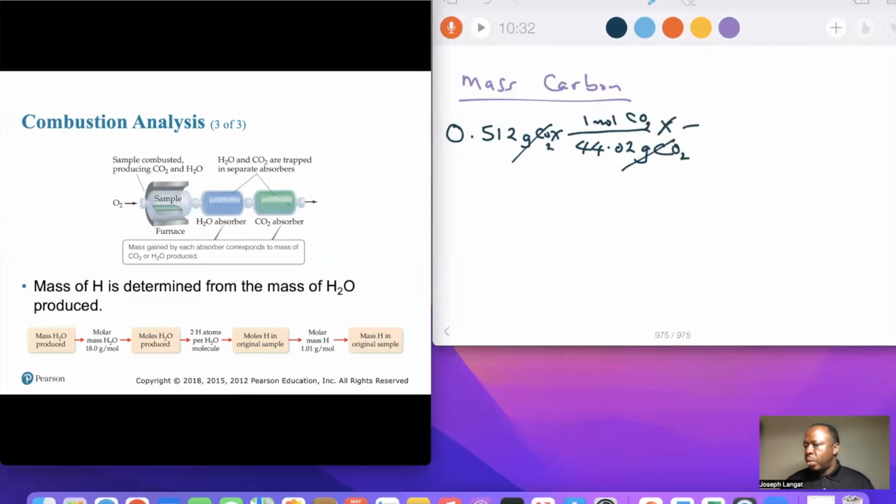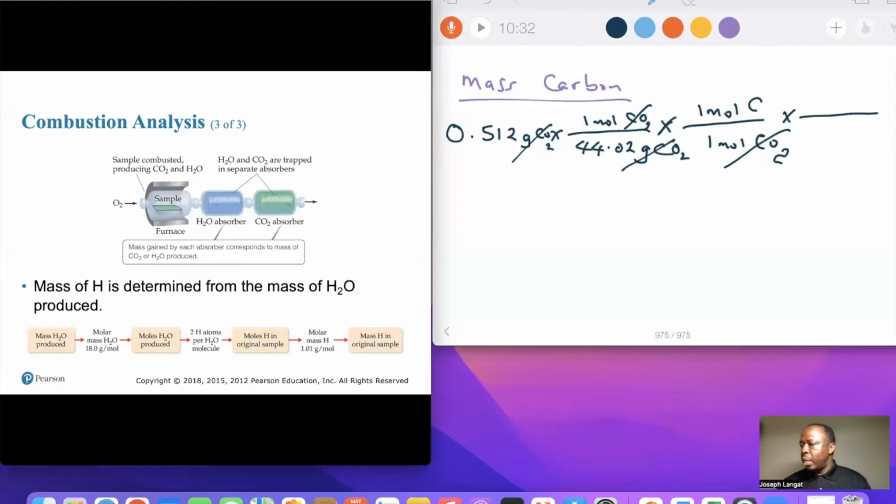We want to know how many moles of carbon. From the mole ratio, for every 1 mole of CO2, we have 1 mole of carbon. So moles of CO2 will go with moles of CO2, which is how I'm setting up my conversion factors. It cancels out. After that point, I'll only end up with the number of moles of carbon produced from the combustion of the hydrocarbon.